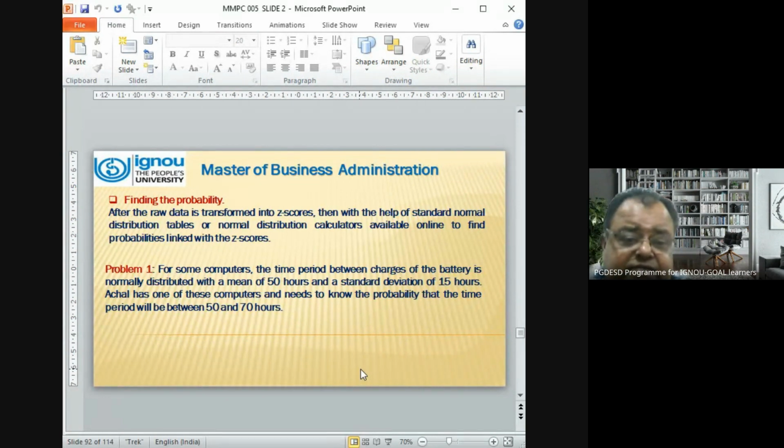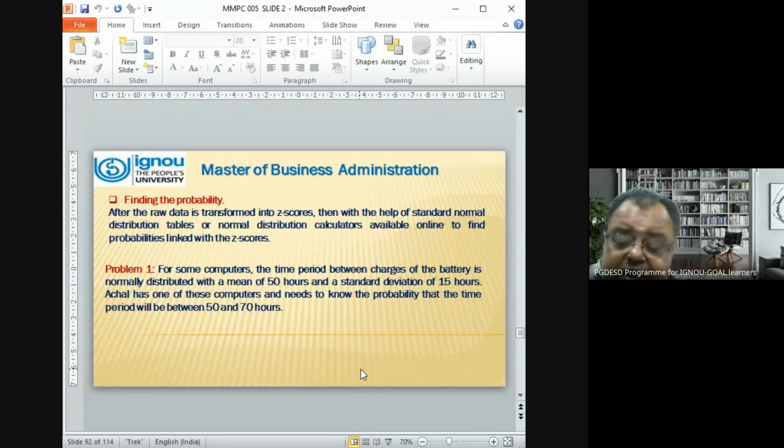Achal has one of these computers and needs to know the probability that the time period will be between 50 and 70 hours. Now see, mean is 50 hours. Standard deviation is 15 hours. And you are being asked to calculate the probability between 50 and 70 hours.